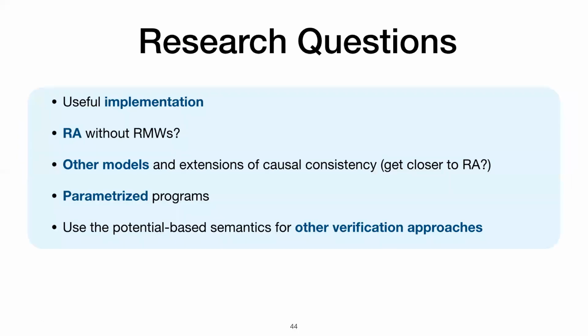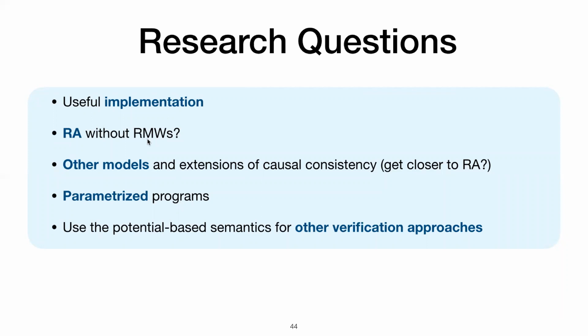A few more questions that we are currently interested in thinking about: we don't have an implementation. The complexity is very large, of course, but for small programs, this can be useful, and we don't have any implementation. There is an open question about what happens with release acquire without RMWs. So this thing with potential doesn't really work for release acquire. And this is because of the delicate interaction between modification order and happens-before.